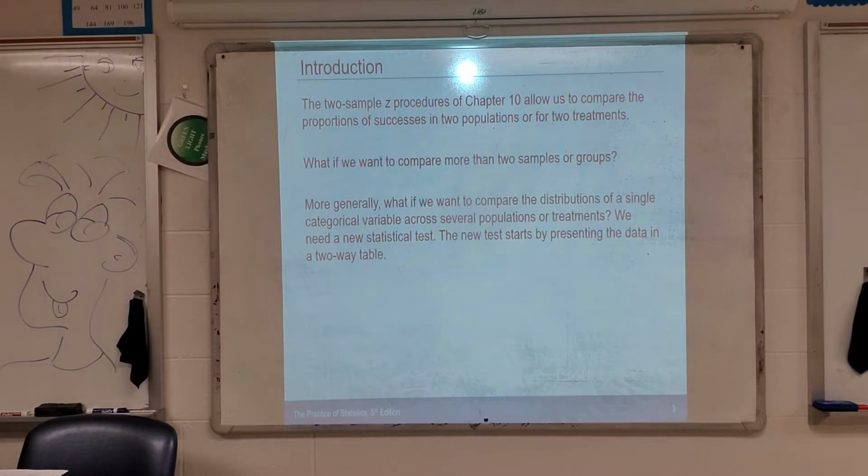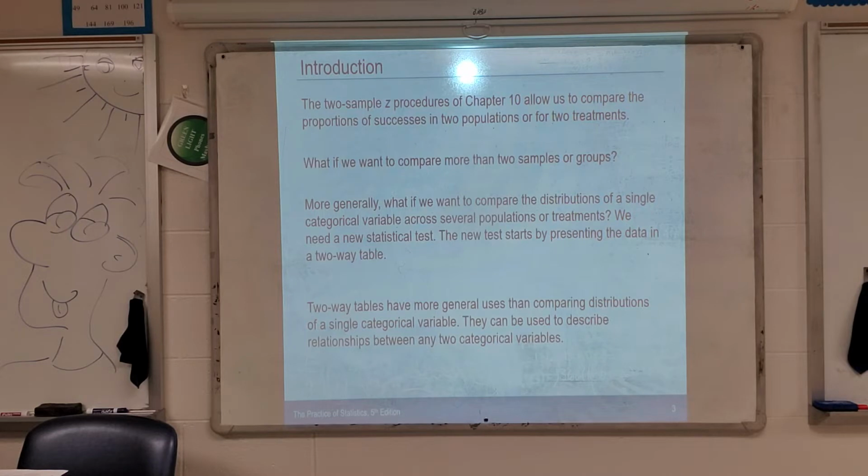We need a new statistical test, and the new test starts by presenting the data in a two-way table. Two-way tables have more general uses, though, than comparing distributions of a single categorical variable. They can be used to describe relationships between any two categorical variables. So we could be looking at gender and some other categorical variable. We'll look at examples in just a minute.